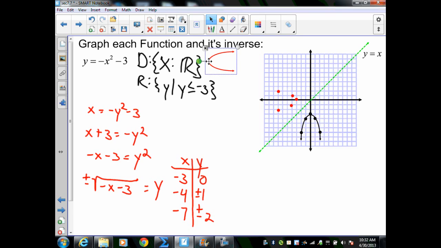Now I just want to bring over my graph. And we can see by our vertical line test that this is not a function.